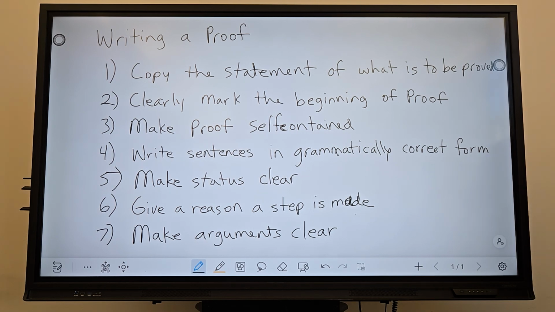Does it follow from the previous sentence or from a combination of the previous sentence and earlier ones? If so, start the sentence with the word because or since and state the reason why it follows, or write then or thus or so or therefore or consequently. It follows that. Include the reason at the end of the sentence.